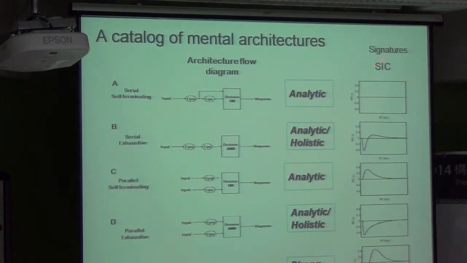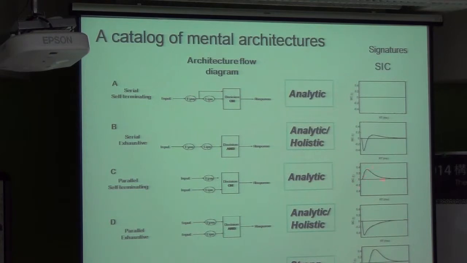So on the right-hand side, these are different signatures revealed by system factorial technology. These are called survivor interaction contrast functions. Here this function is flat. So at the moment this is a signature, an indicator. If the outcome is flat, then this is the underlying architecture. If the outcome is negative and positive with equal areas, then this is serial exhaustive.